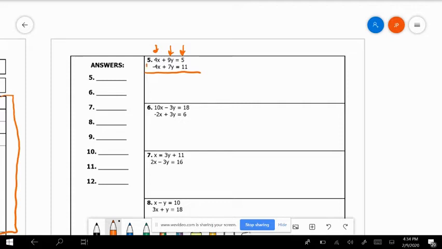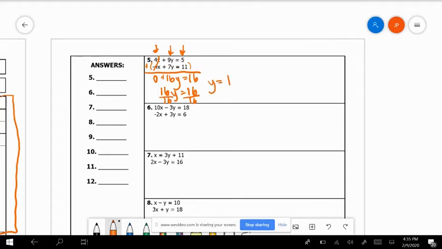But if I add those things, a positive 4x and add a negative 4x, that's what's going to make those disappear. And then I'm going to follow suit with everything else. So I'll add this entire equation. So now this is 0 plus 16y equals 16. So then I have 16y equals 16. Divide out my 16s.